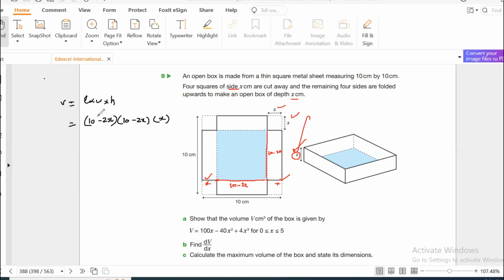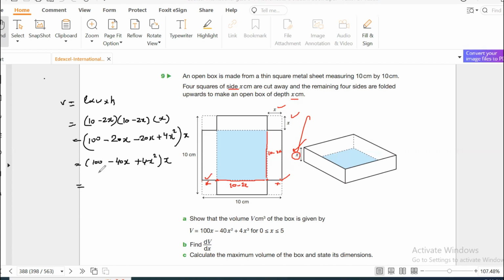So I will solve these first two parts first: 10 multiplied by 10, 100. 10 multiplied by 2x gives me 20x. Again 2x multiplied by 10 gives me 20x, and minus times minus gives plus 4x squared, bracket close, and x. Next step, we can say 100 minus 40x plus 4x squared, multiplied by x.